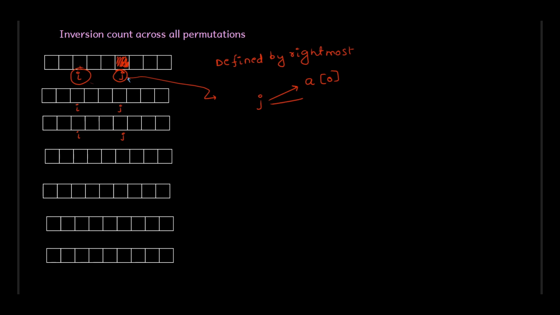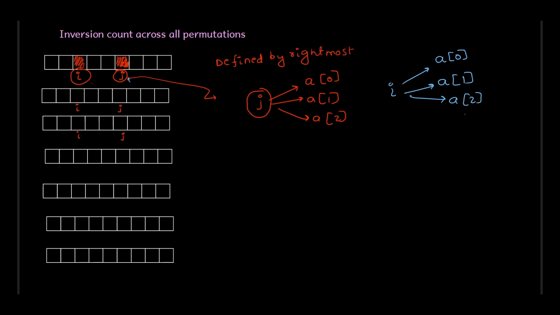So you have fixed a of 0, you have fixed a of 1, you have fixed a of 2, and so on. Now what can be present at this ith location? Again, it could be anything except the index that you just fixed over here. So at index i, what could be available? It could be either a of 0, or it could be a of 1, it could be a of 2, and so on.